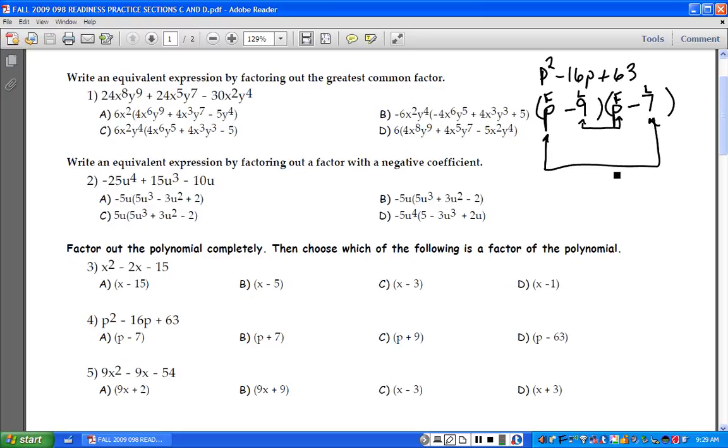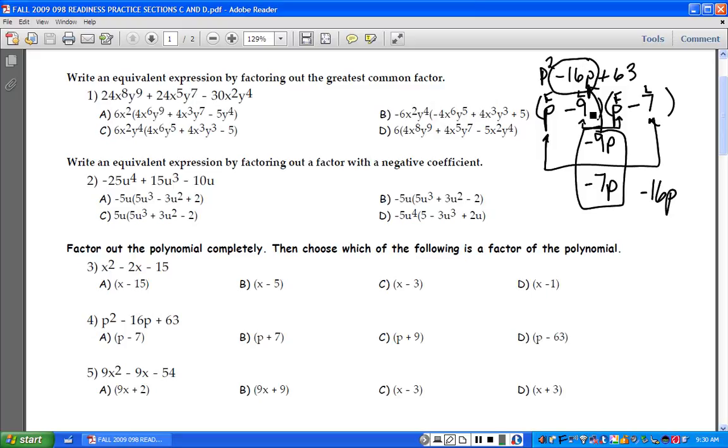Outside, we have p times a negative 7, which is negative 7p. Inside, negative 9 times p, which is a negative 9p. Negative 9 and negative 7 gives us negative 16p. So these two combined do give us the negative 16 that we wanted.